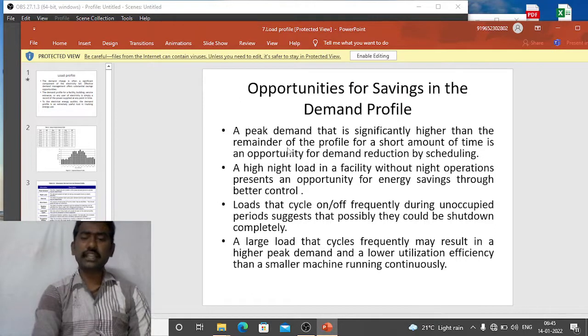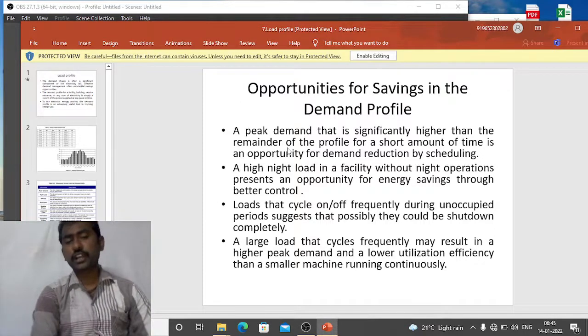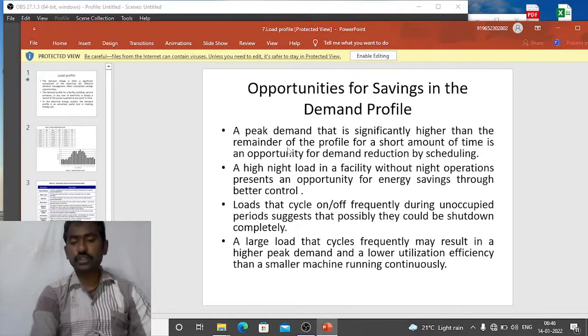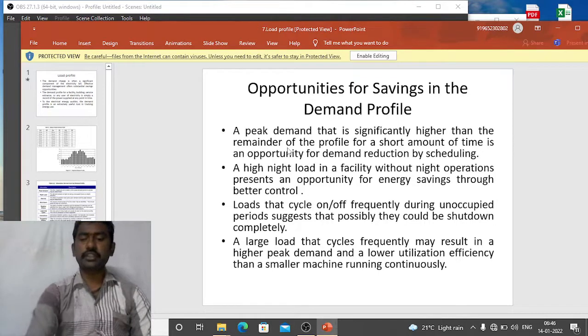Loads that cycle on and off frequently during unoccupied periods suggest that possibly they could be shut down completely. A large load that cycles frequently may result in a higher peak demand and lower utilization efficiency than a smaller machine running continuously.